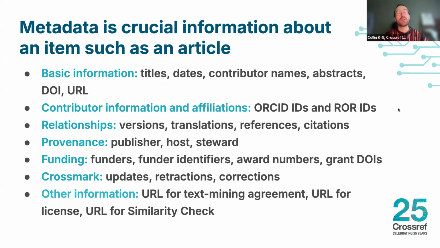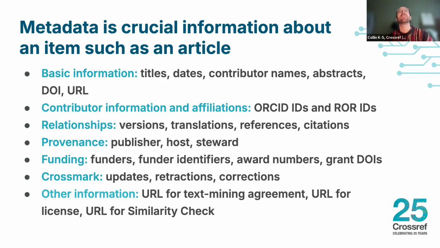This is basic things, of course: article titles, authors, the URL where the article's landing page is. It also includes other richer metadata fields: author affiliations and ROR IDs, author ORCID IDs, relational metadata like the reference lists, or metadata showing that an article is a translation of another article, updates, retraction information, similarity check URLs.